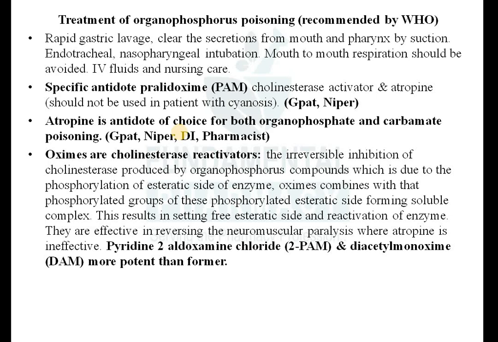So in this case, pyridine-2-aldoxime methochloride, or it is known as 2-PAM or pralidoxime. Both the names are of the same compound. Pyridine-2-aldoxime and pralidoxime, in short we call it pralidoxime, 2-PAM.